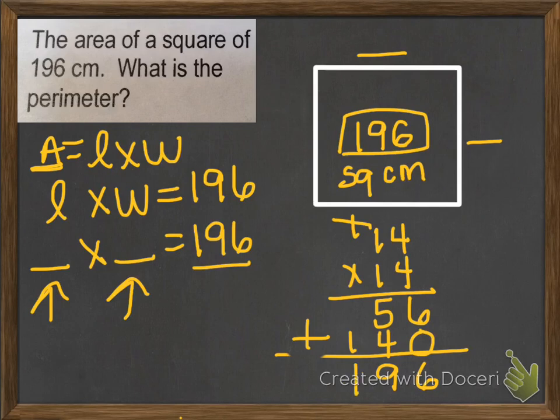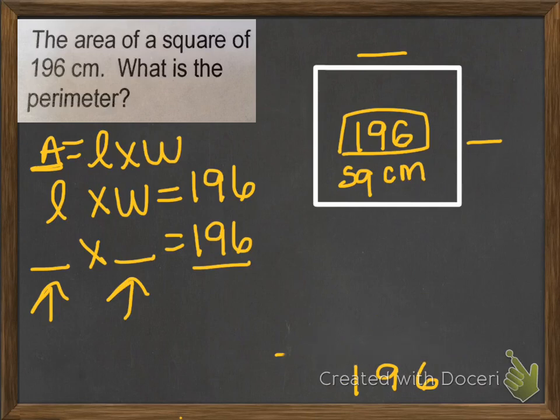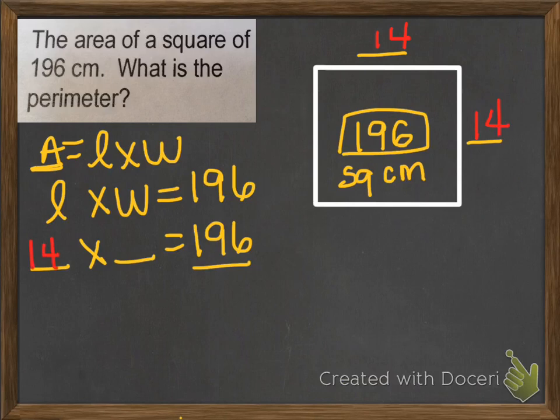So now I know that my measurement for every single side is going to be 14. This is 14 centimeters, this is 14 centimeters, because 14 times 14 equals 196.